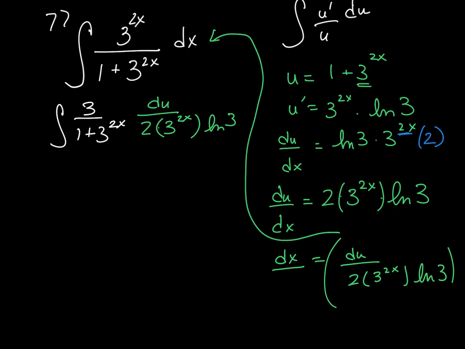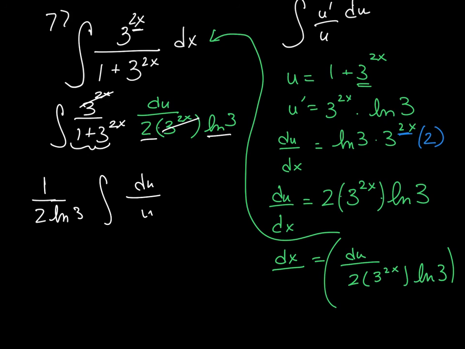And I realized when I copied this over from the top, we need to make sure that is 3 to the 2x. Sorry about that. So what we have here is those two will go away. The 2 and the natural log of 3 will come in the front of the integral. So that gives me 1 over 2 natural log of 3 times the integral of du all over u.